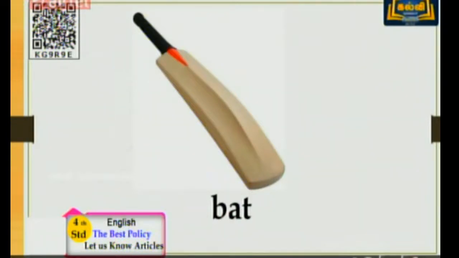Cricket bat. So here you see the spelling of that word bat. B-A-T. See the sound of the first letter of the word bat. So obviously it is clear that you should use the article A. Is it very easy for you? I think. Okay, now here, what is it?